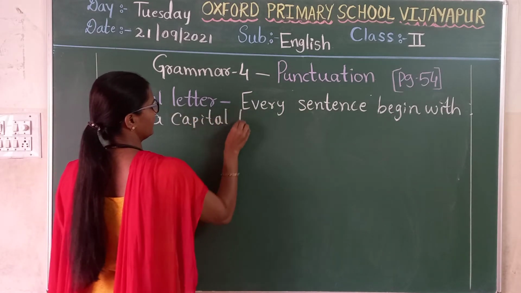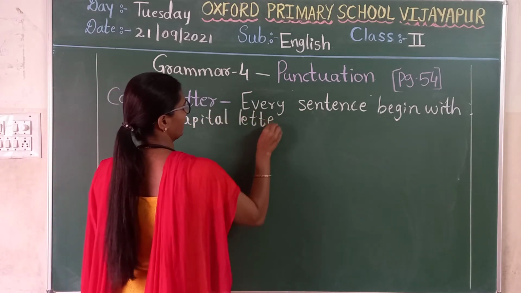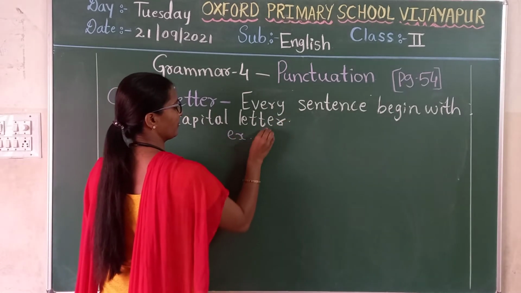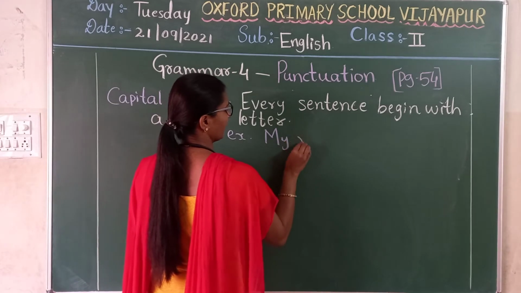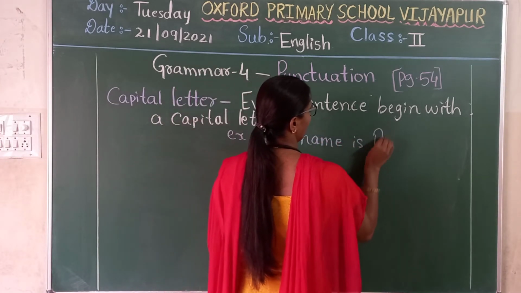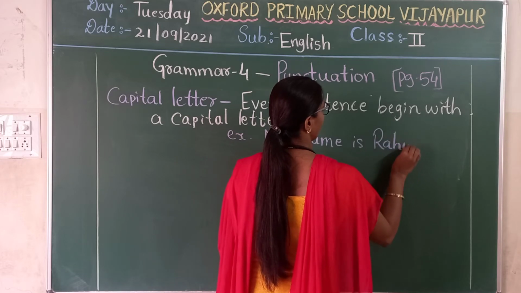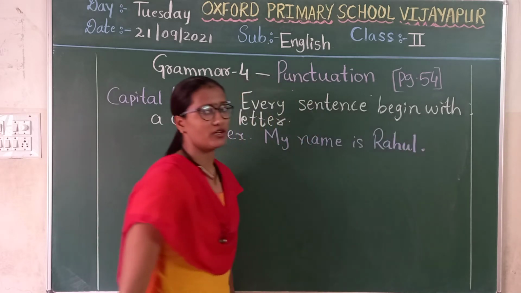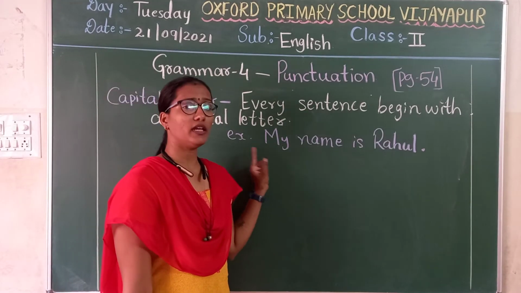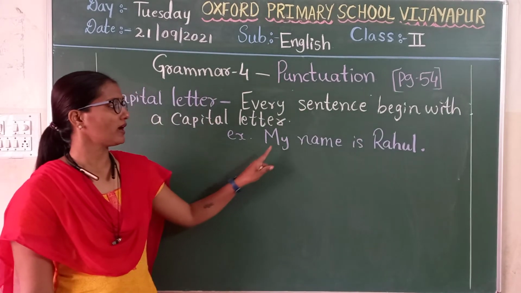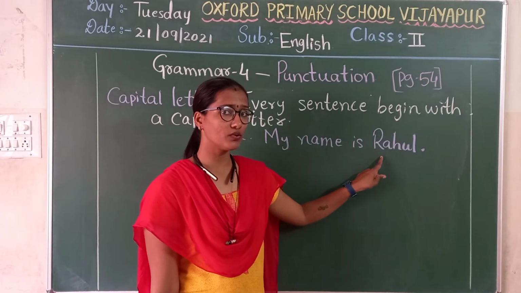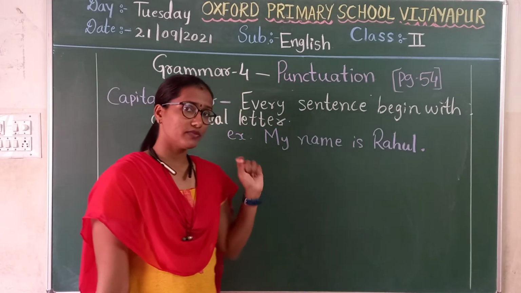Example: My name is Rahul. See children, whenever you are starting a sentence, it should be in a capital letter. My name is Rahul. And why I have written Rahul with a capital R, that we will come to know in our next point.